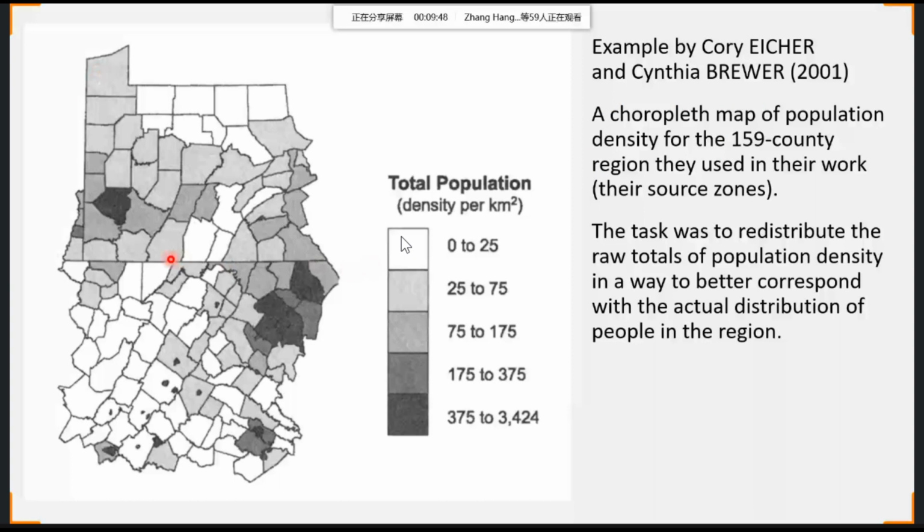It doesn't matter where it is, just you have this typical administrative area setting here. And the task was now to redistribute these raw totals of population in a way to better correspond with the actual distribution of people in the region.